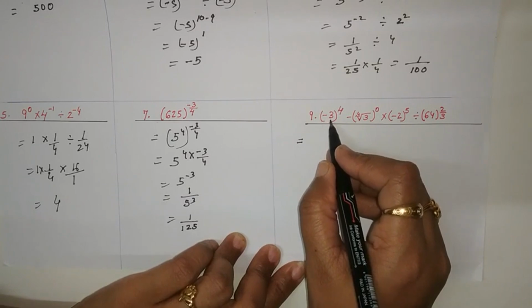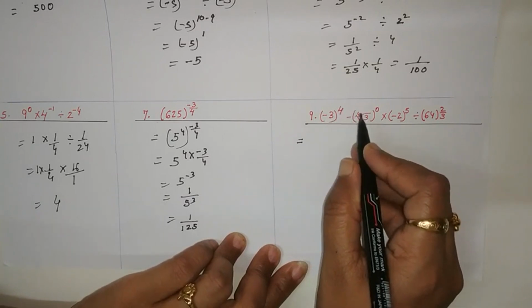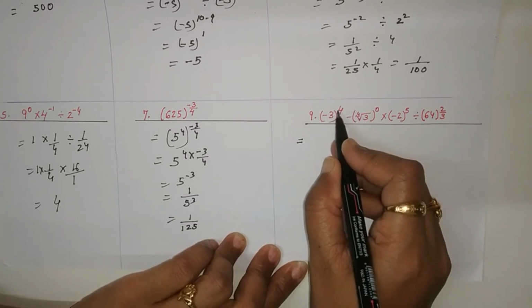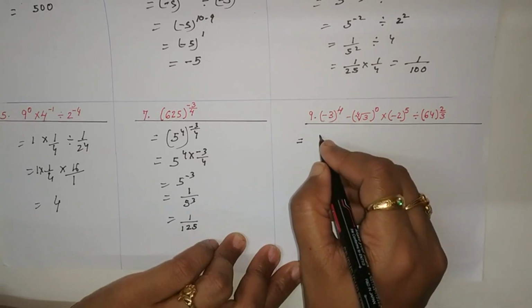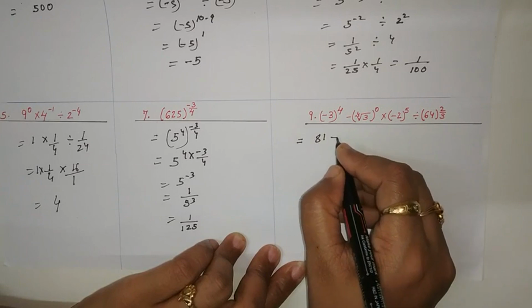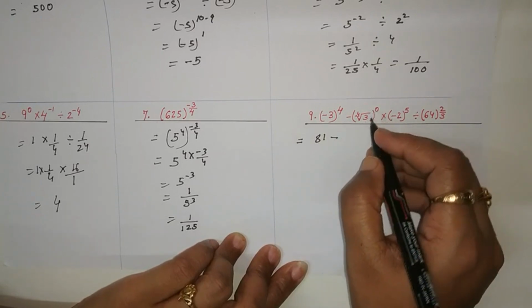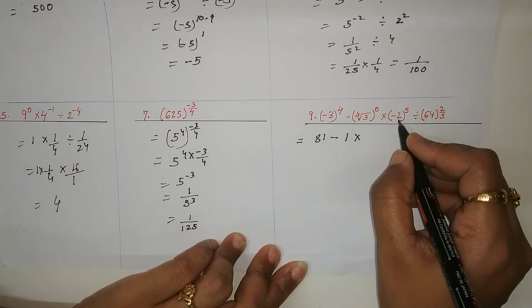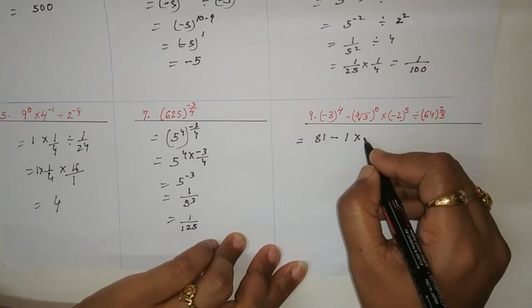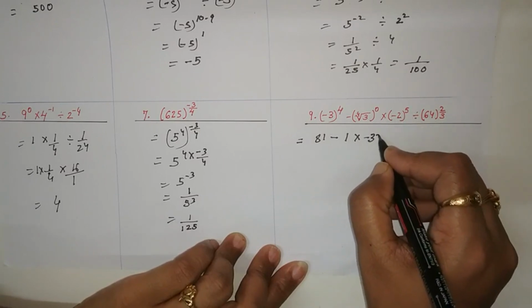So 3 3s are 9, 9 3s are 27, 27 3s are 81, and it is plus 81. Minus anything raised to the power of 0 is 1, into minus 2 to the power of 5 is minus 32.